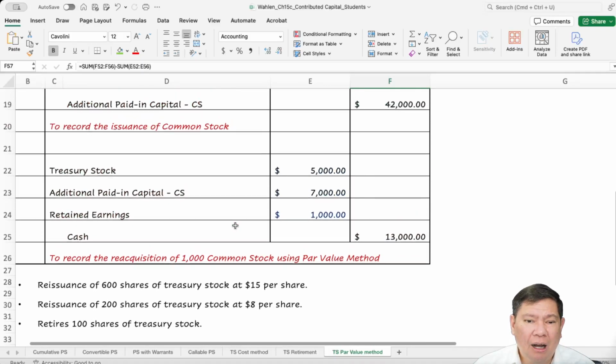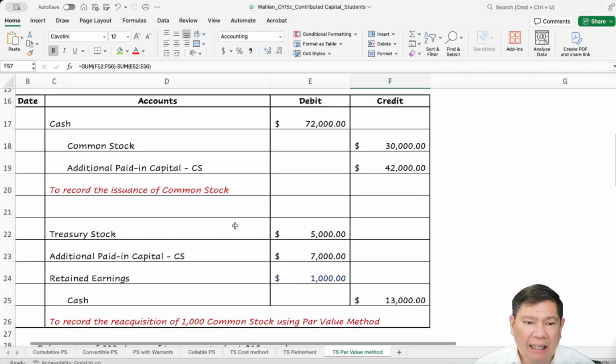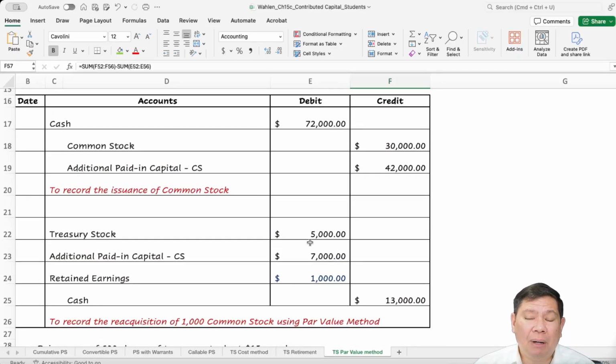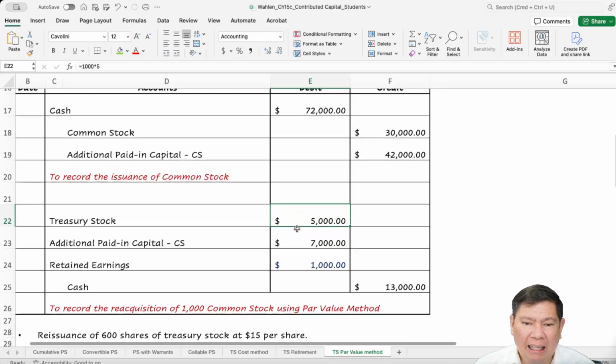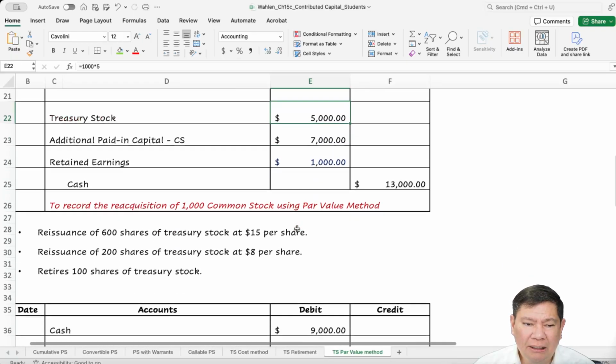So that's how we prepare this treasury stock transaction using the par value. So the treasury stock is recorded at $5 instead of the purchasing cost.